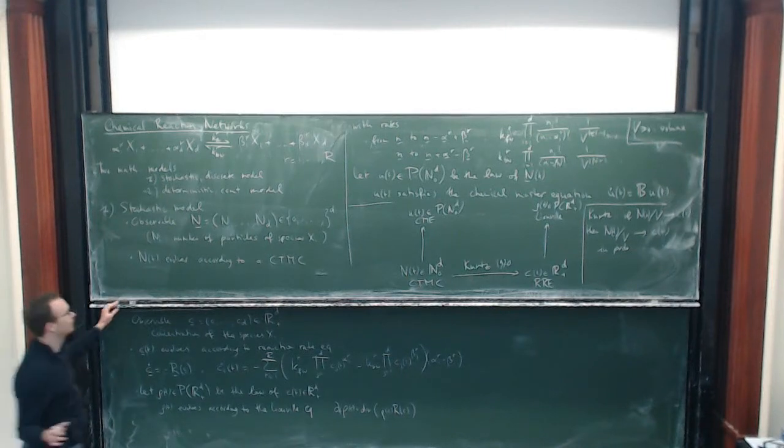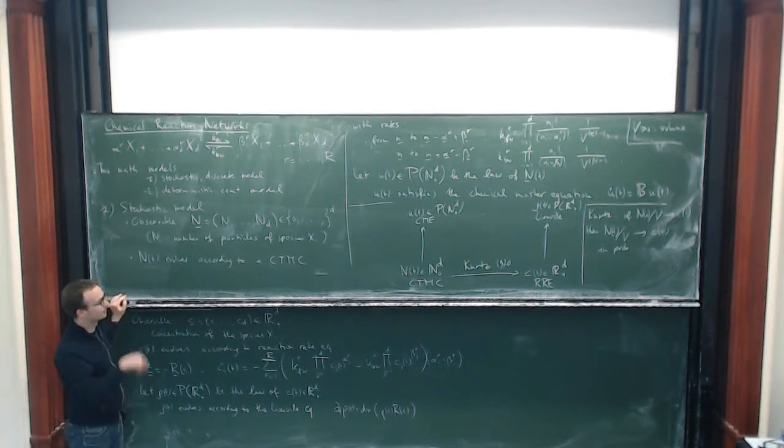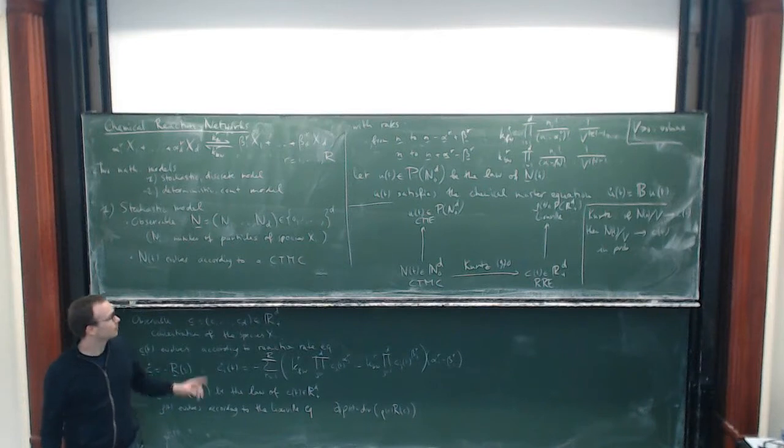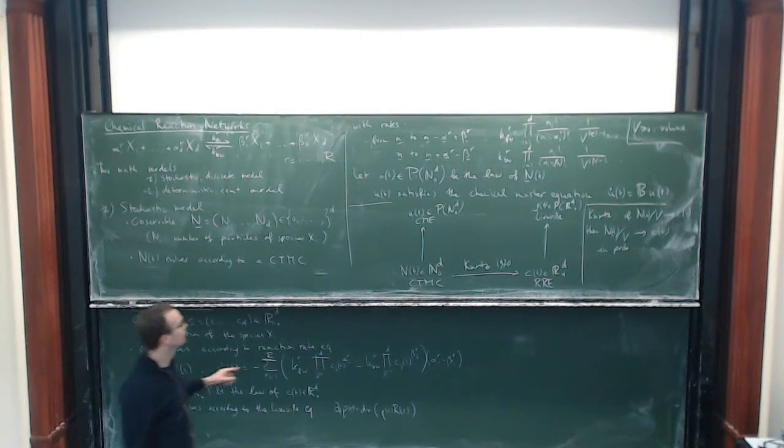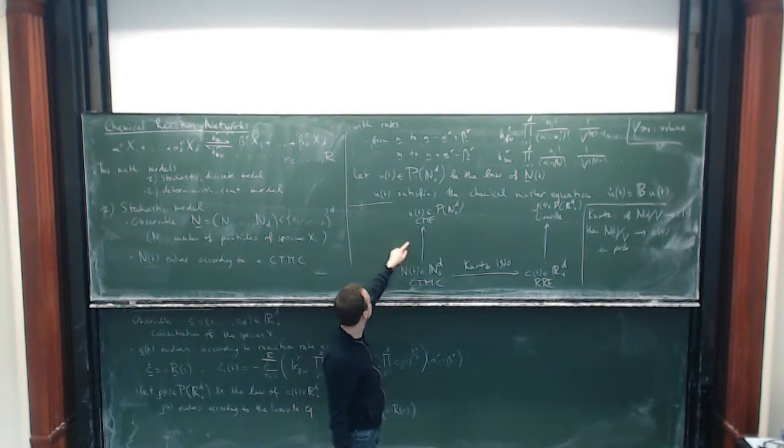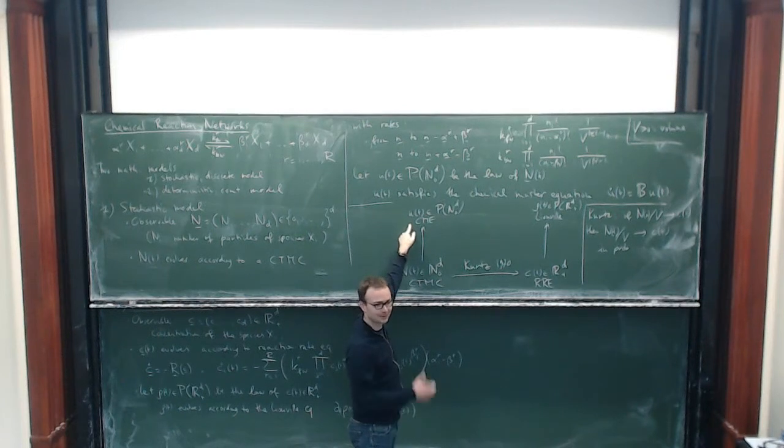Which left arrow? Well, it depends on what you need to know, but if you know the law of your random variable, then you don't know the random variable itself, right? So in this sense, there's more information at this level.